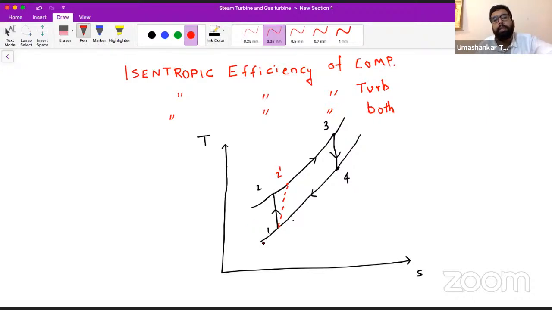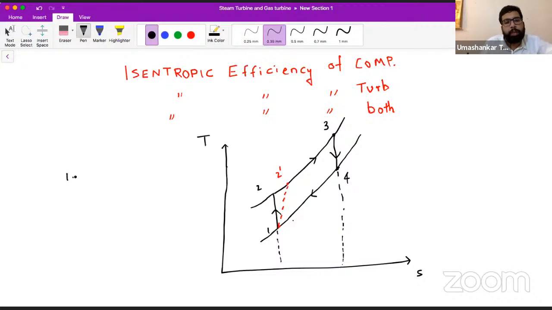This isentropic efficiency term can be used in refrigeration cycles also, in Rankine cycles also, in any cycle. So remember this point, that the isentropic efficiency is associated with loss. When you have a loss, your irreversibility increases and your entropy increases. So you have to draw the actual curve.